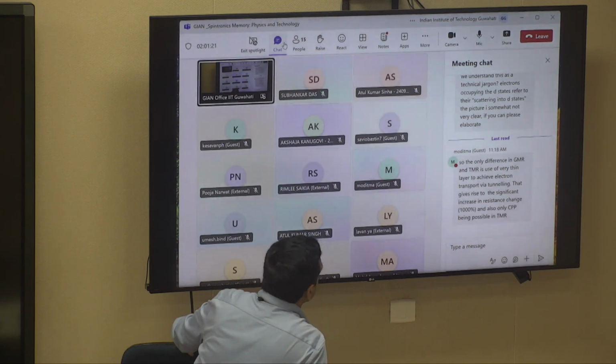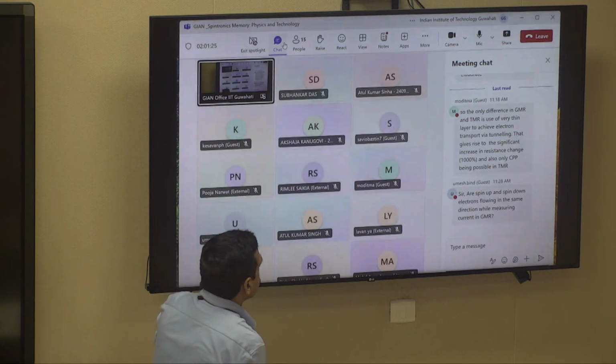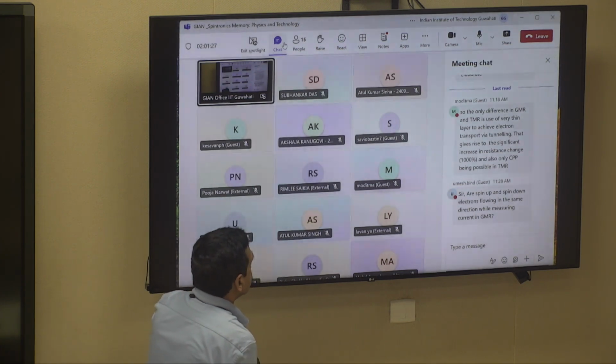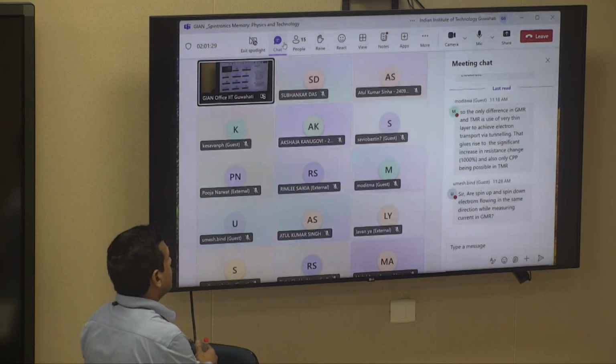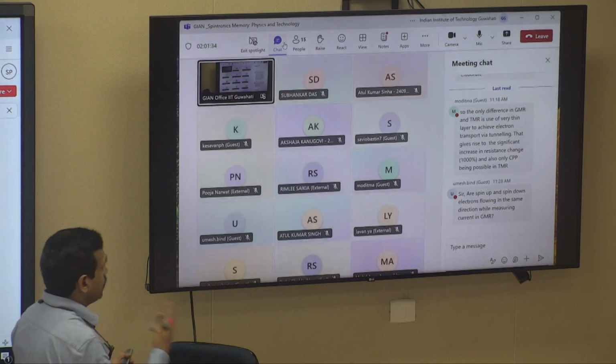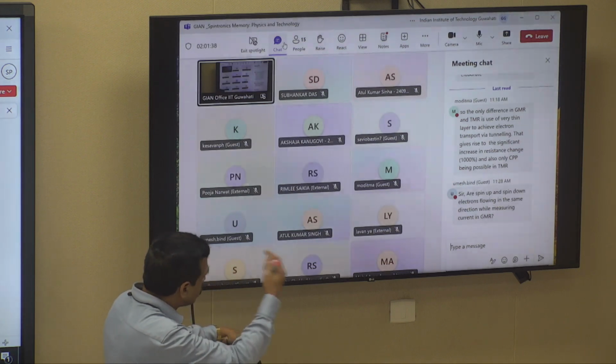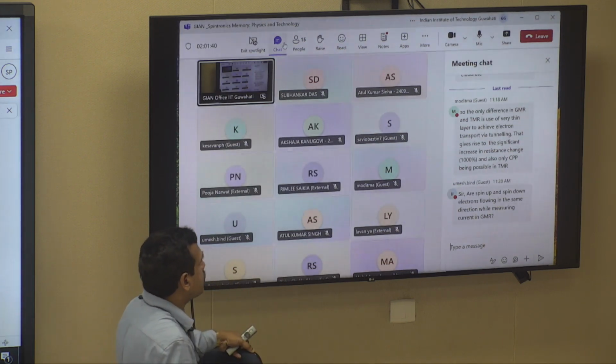Yes, mostly right. If you are talking about current in plane, you are sending current in one particular direction. Conventionally, electrons flow in the opposite direction to the conventional current, right.